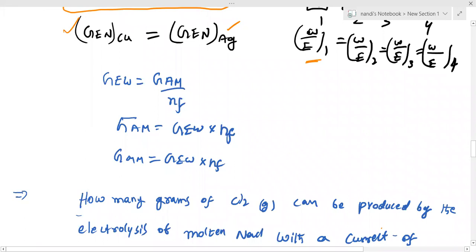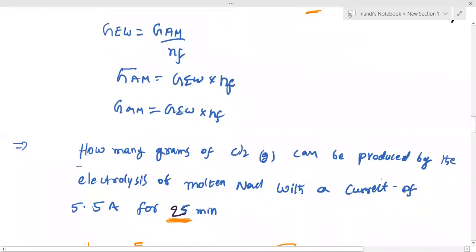Write the question which is appearing on the screen. Please write the question which is appearing on the screen. How many grams of Cl2 can be produced by electrolysis of molten NaCl?